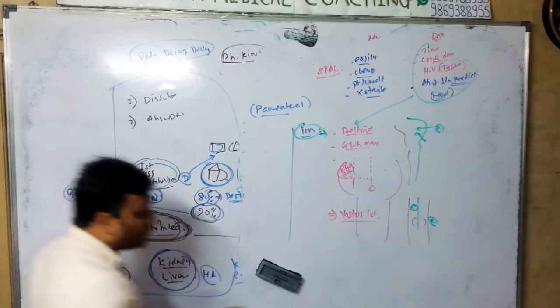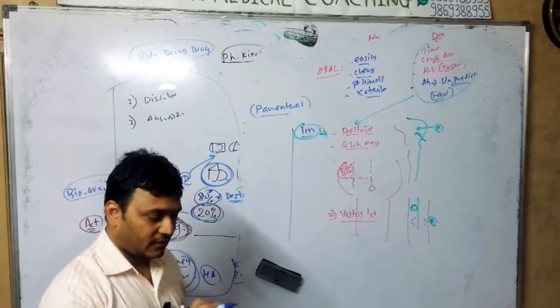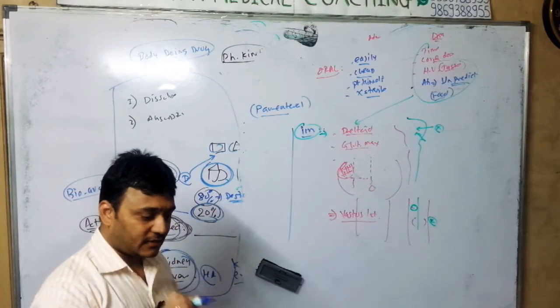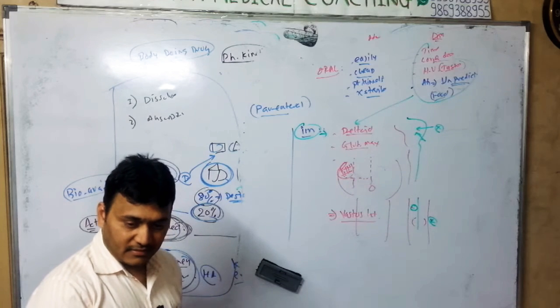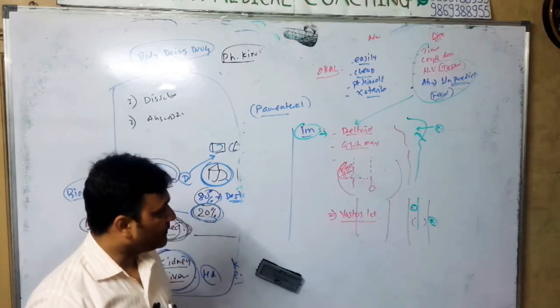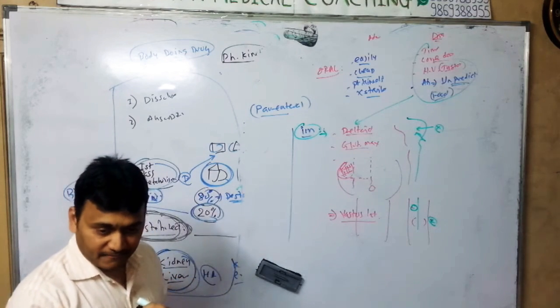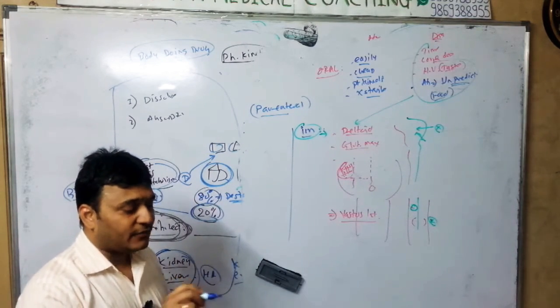So what should be the direction of entry into the muscle? 90 degree, 45 degree? Intramuscular should be perpendicular to the skin, right? What will happen if you do 45 degree?